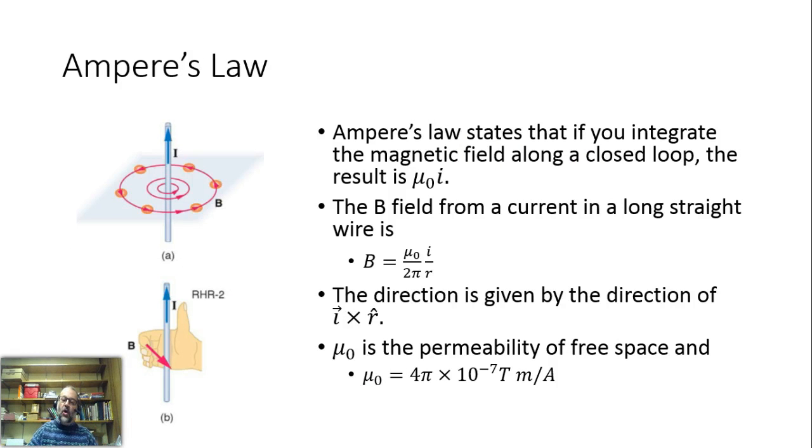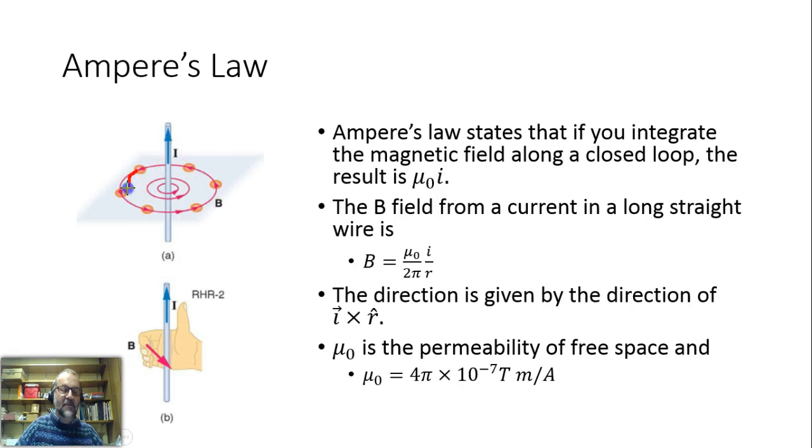Now, Ampere's law states that if you integrate the magnetic field along a closed loop, the result is mu naught I. An integration is just saying I'm adding up the magnetic field times the length of the loop around the loop. So if you imagine here, by the right-hand rule, you've got a magnetic field that goes around the current I, right?